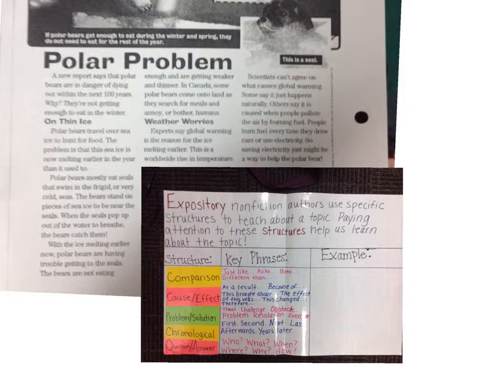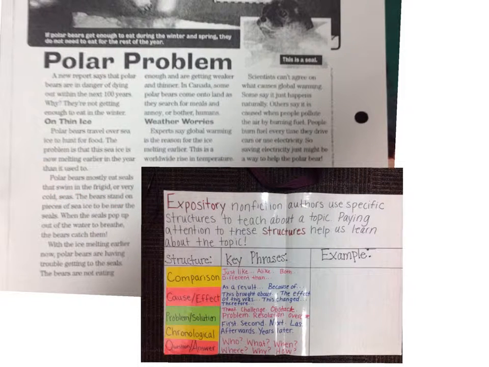Polar problem. A new report says that polar bears are in danger of dying out within the next 100 years. Why? They are not getting enough to eat in the winter. On thin ice, polar bears travel over sea ice to hunt the food. The problem is that this sea ice is now melting earlier in the year than it used to. Polar bears mostly eat seals that swim in the frigid or very cold seas.